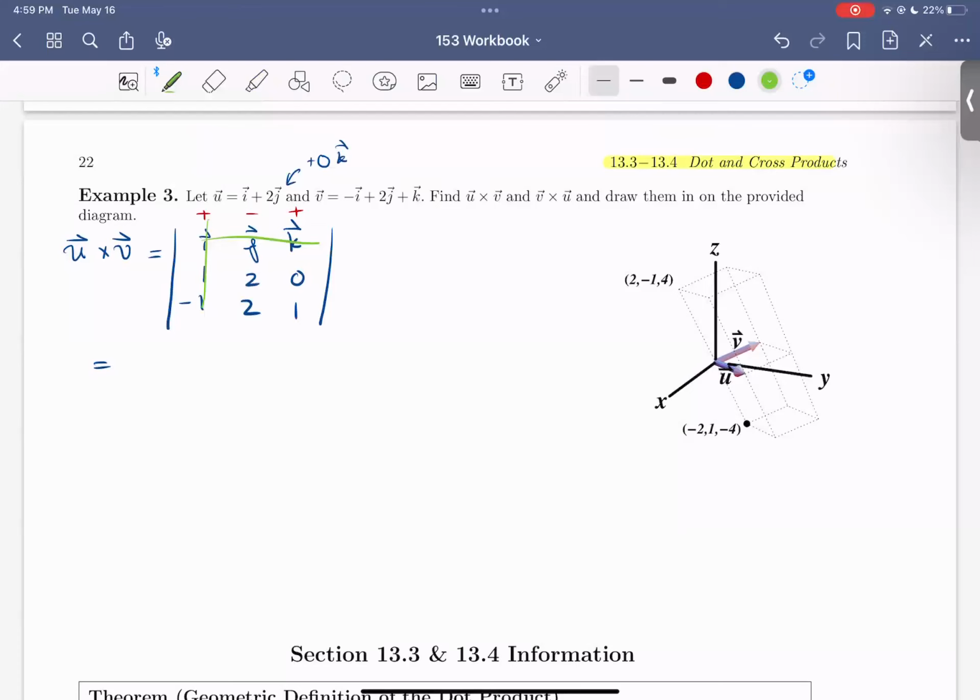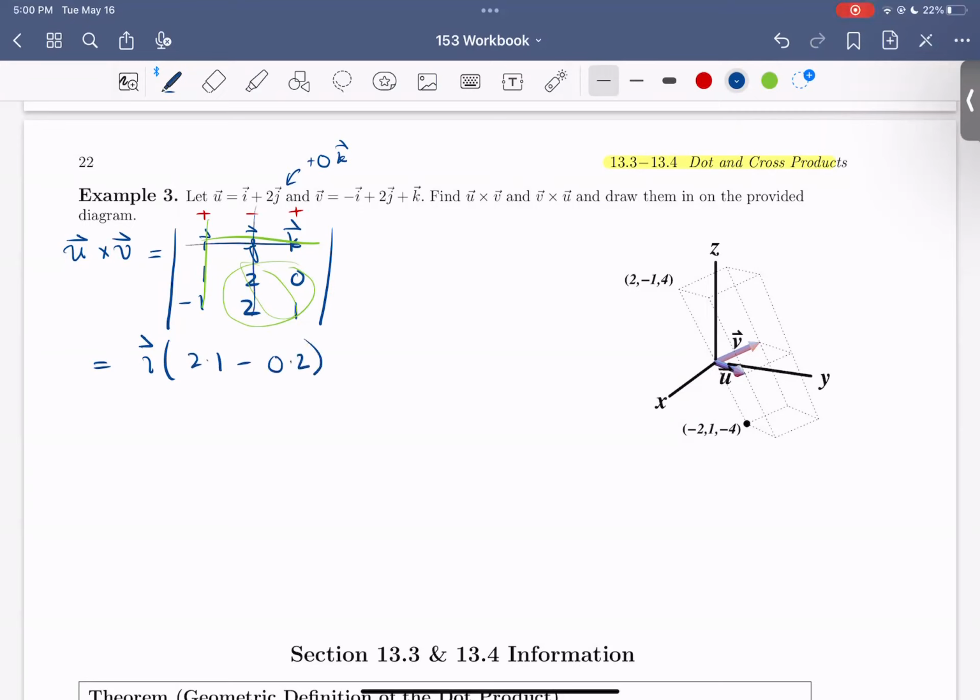So we have i multiplied by 2 times 1 minus 0 times 2.